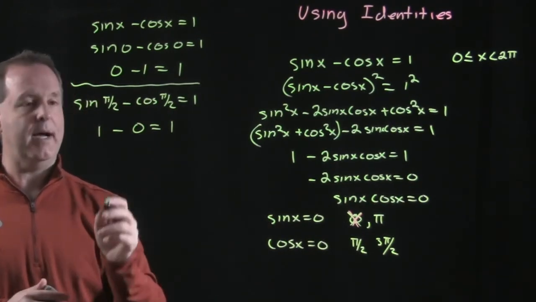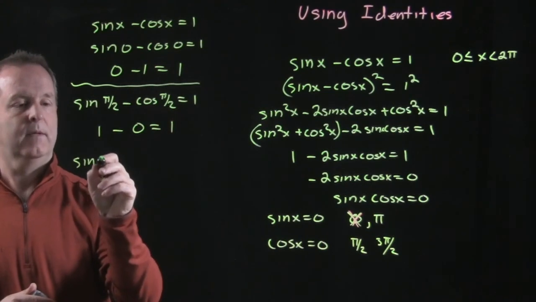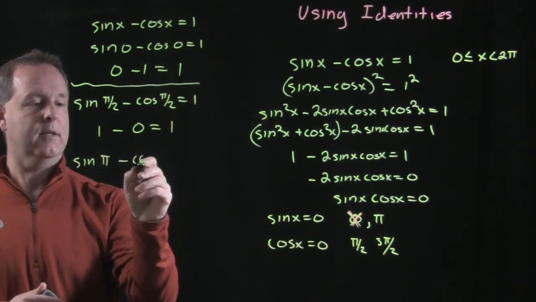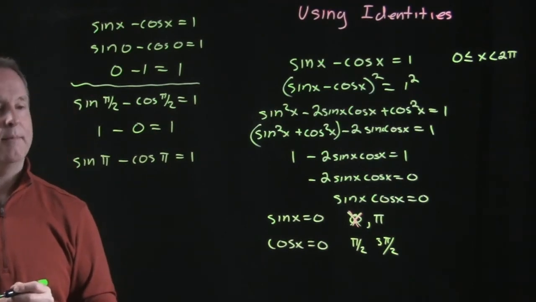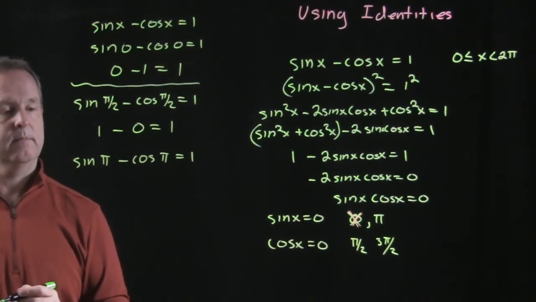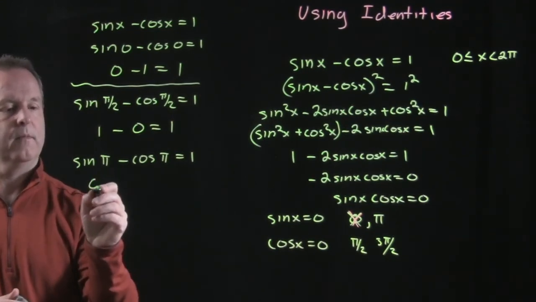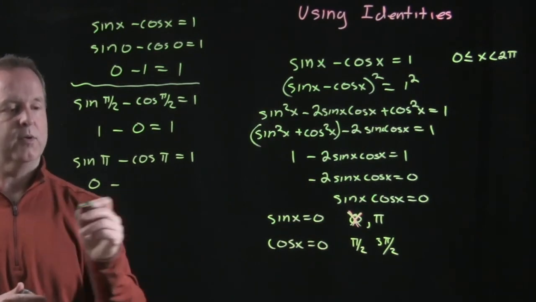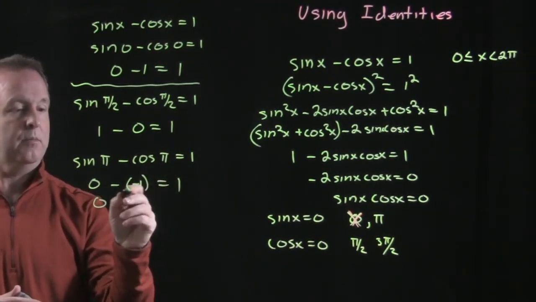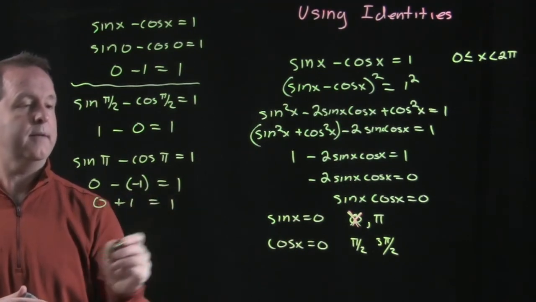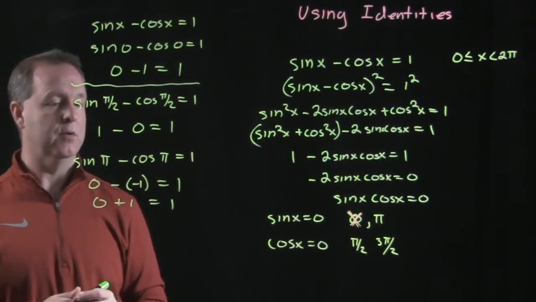Let's try pi then. Sine of pi minus the cosine of pi equals 1. The sine of pi is, sorry, a 0, minus the cosine of pi, which is a negative 1. 0 plus a 1 equals a 1. So that one is true.